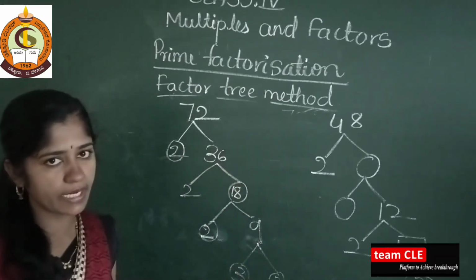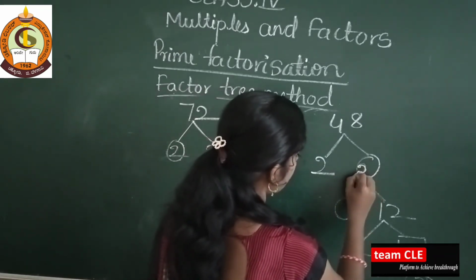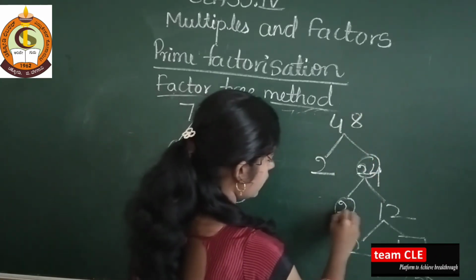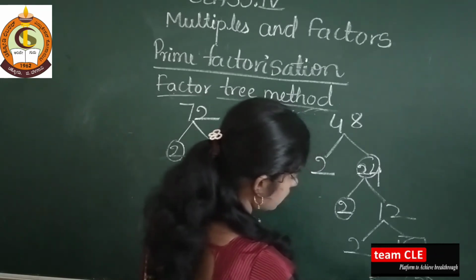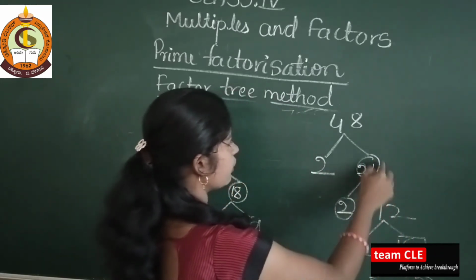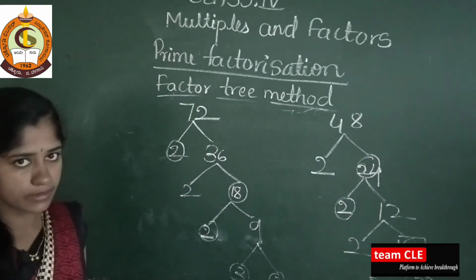So here 48 is there. So how much will come here? 2 24s are 48, 2 12s are 24, 2 6s are 12, 2 3s are 6. So this is what we call the factor tree method.